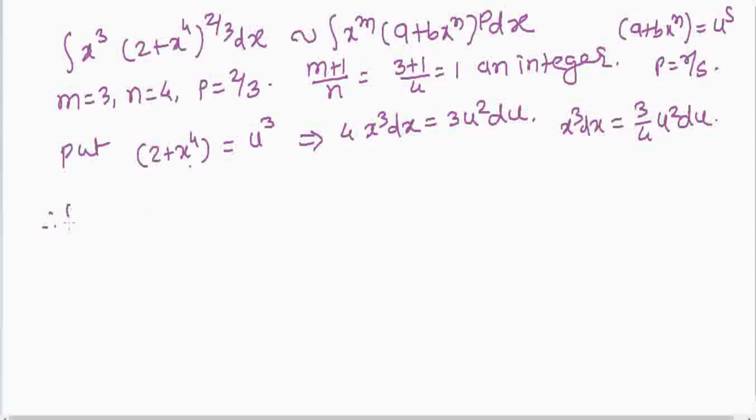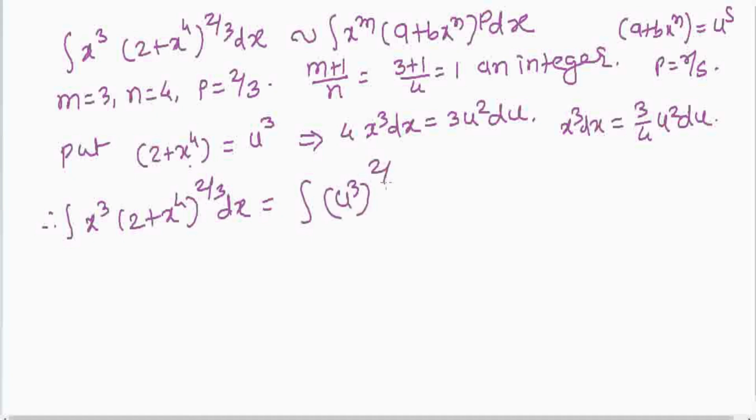So therefore the integration of x cube into (2 plus x raised to 4) whole raised to 2 by 3 into dx equal to the integration of (u cube) whole raised to 2 by 3 into 3 divided by 4 u square into du.